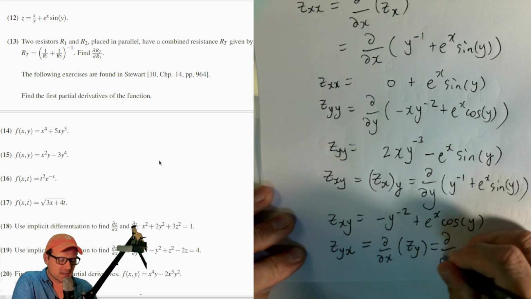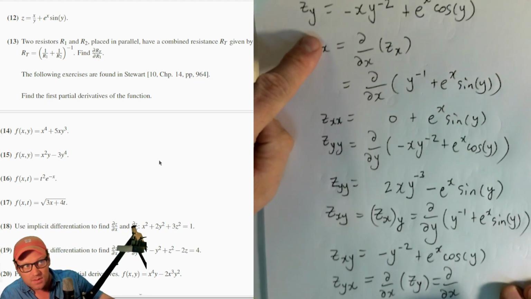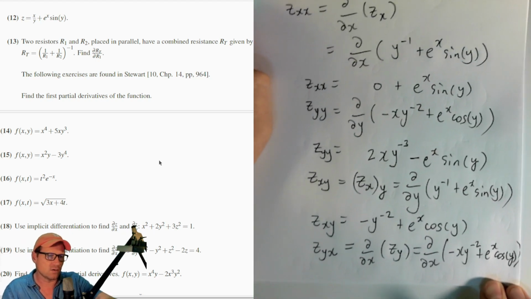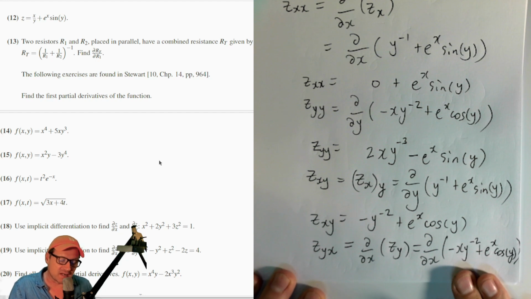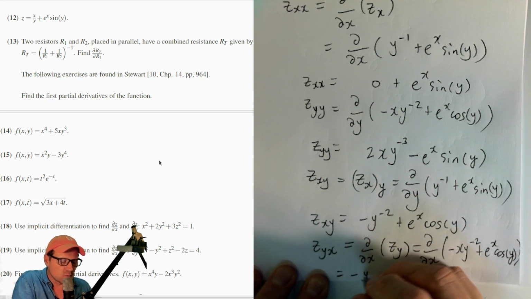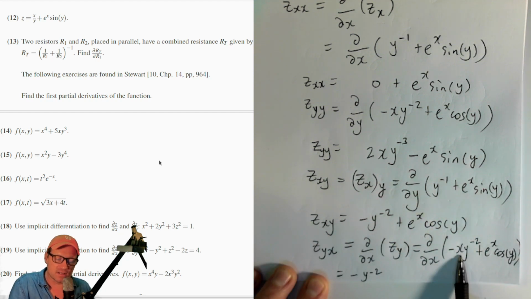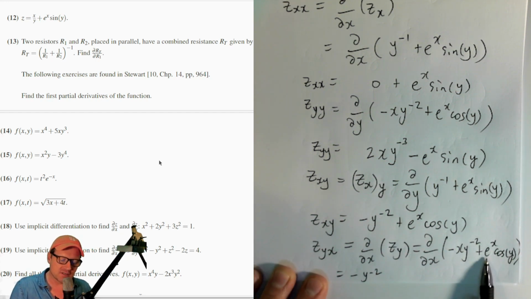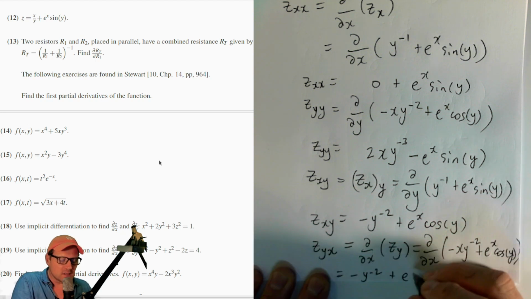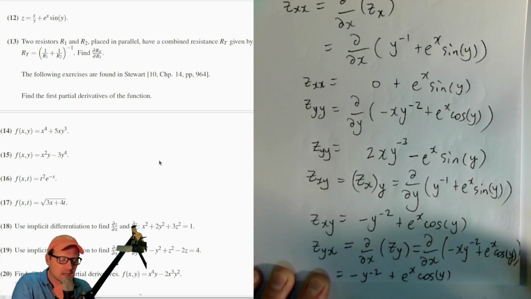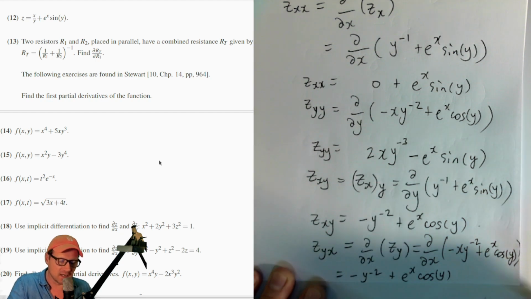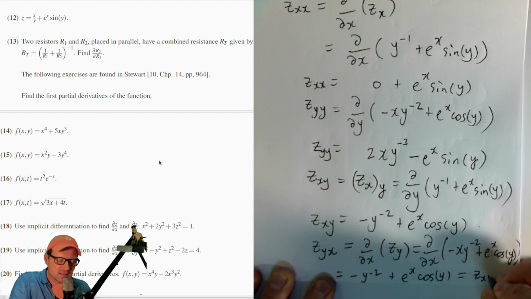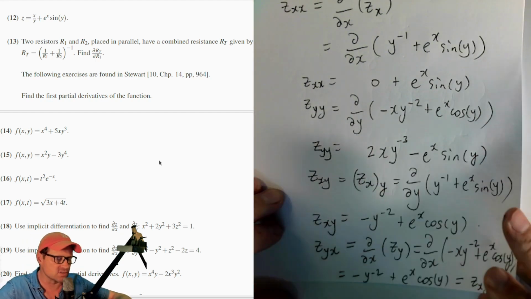So we're differentiating with respect to x, z subscript y. Differentiating this with respect to x gives minus y to the minus 2, because the derivative of x with respect to x is 1, and minus y to the minus 2 is treated as a constant. Now differentiating e to the x times cos of y with respect to x gives e to the x cos of y. And so you can see that matches this line. So we see this is zxy as well, in agreement with Clairaut's theorem.